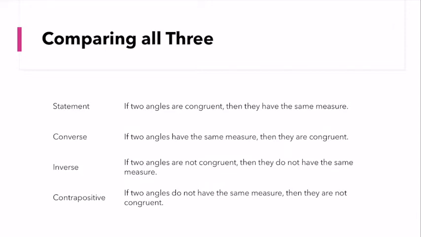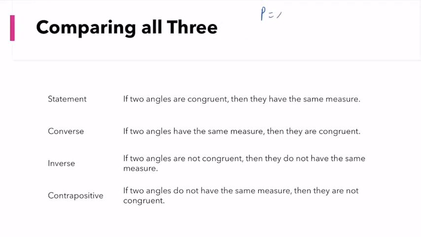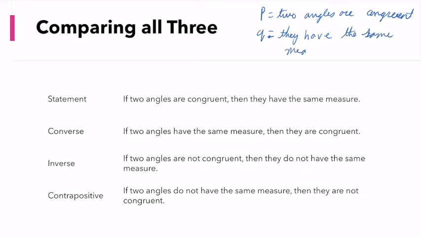So let's let P be two angles are congruent. Let's let Q be they have the same measure. And remember this tilde symbol, this means not or negative.